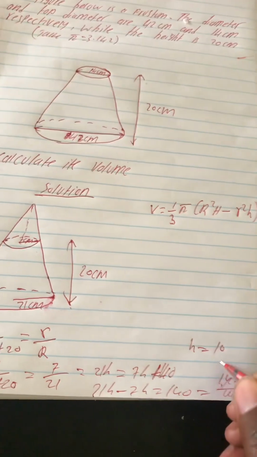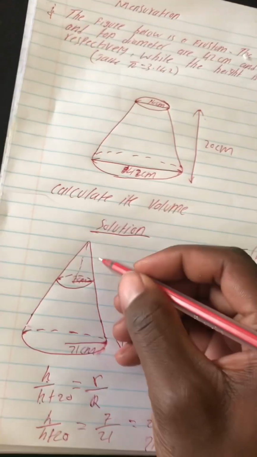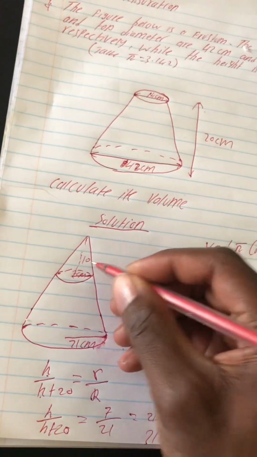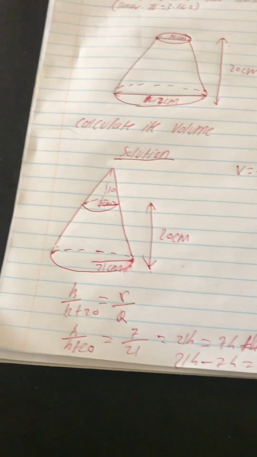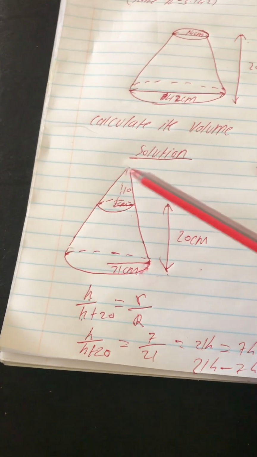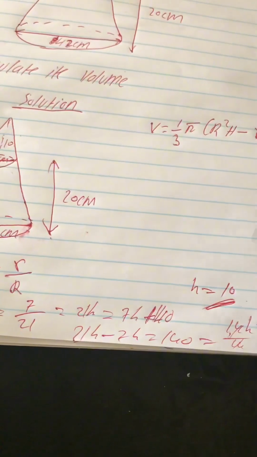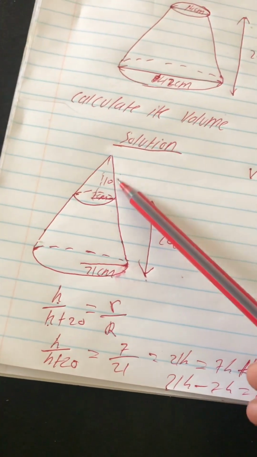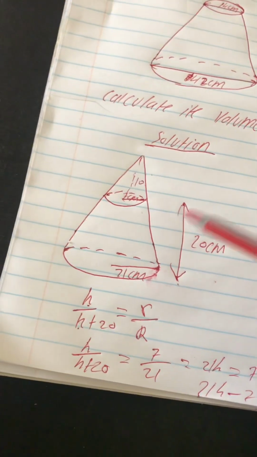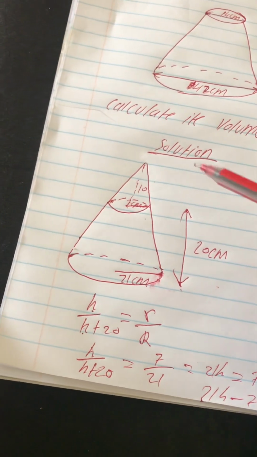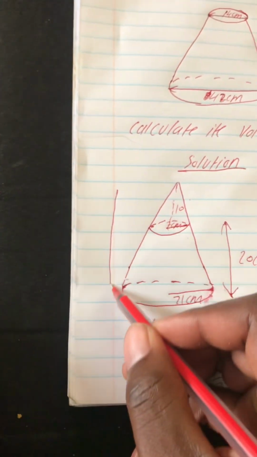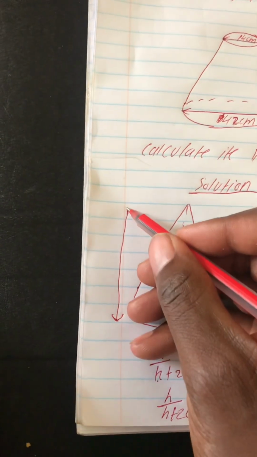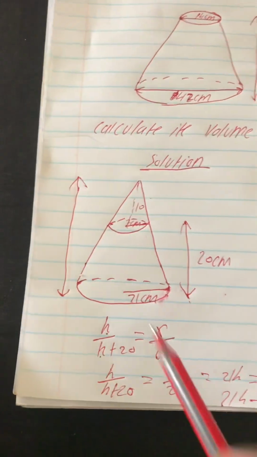So the small height is 10. The value of h is 10 centimeters. This 10 centimeters is the height of the small cone. We don't yet have the height of the big cone.